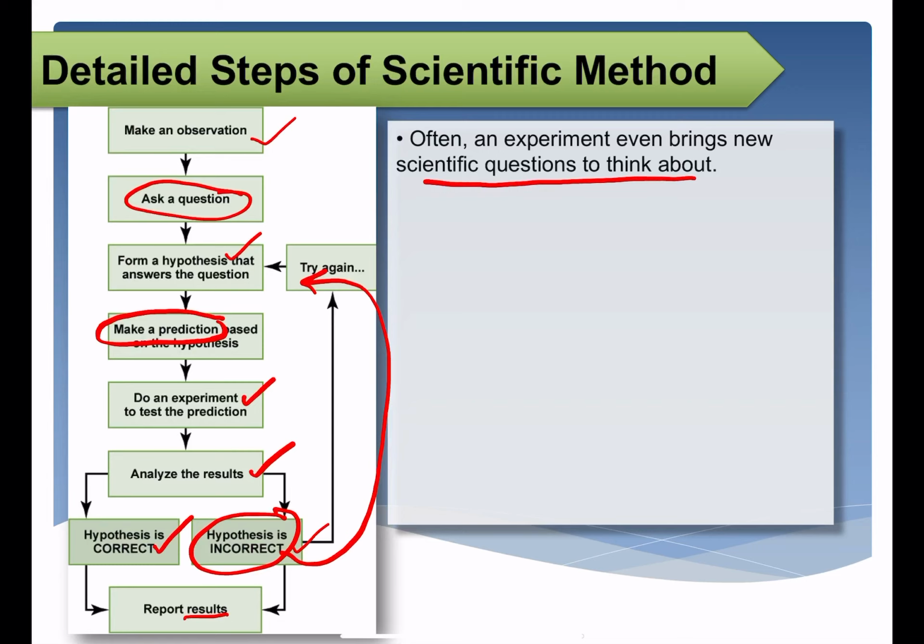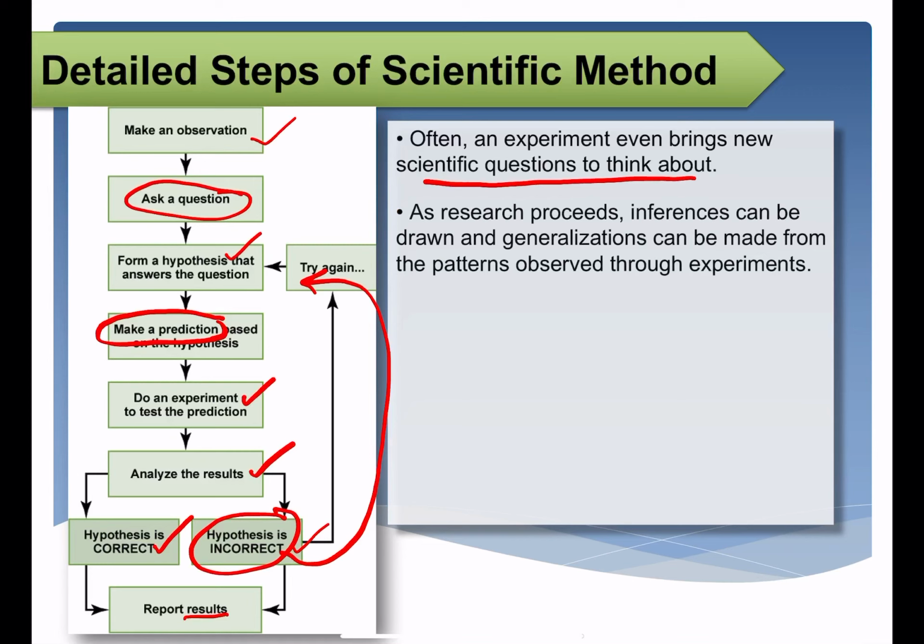Something went wrong, so we do it over again with another concept or from another perspective. So scientists usually go through this detailed scientific method over and over again. And as research proceeds, inferences can be drawn and generalizations can be made from the patterns that are observed through all these experiments that you've done.